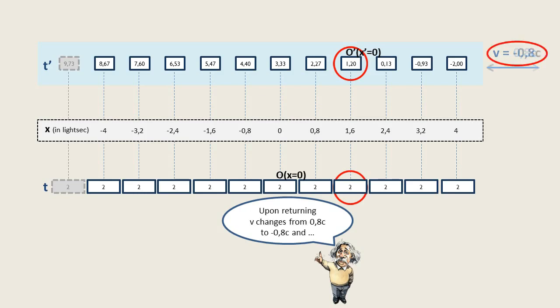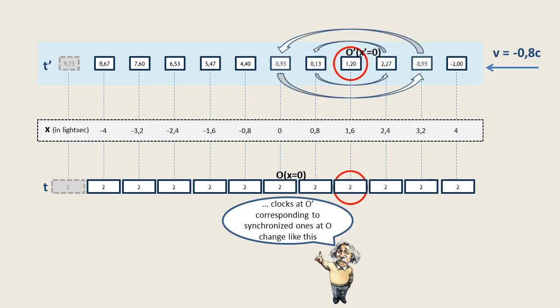Upon returning, the speed will change from 0.8 times light speed to minus 0.8 times light speed. And also the term involving x in this formula changes sign. And so the clocks at O' corresponding to the synchronized ones at O will change like this.